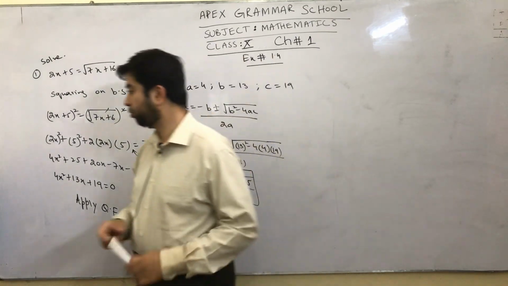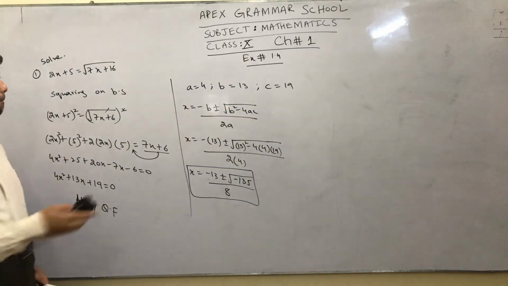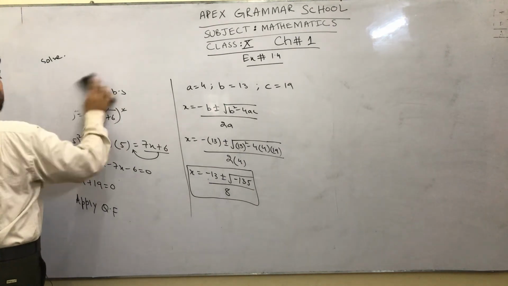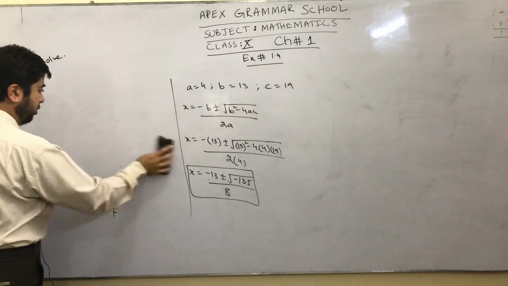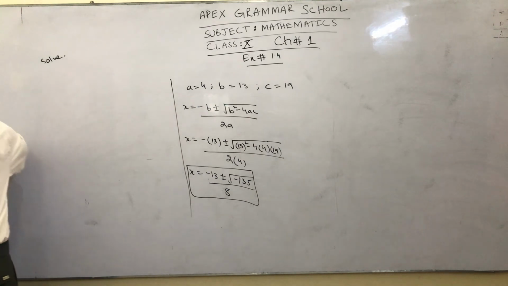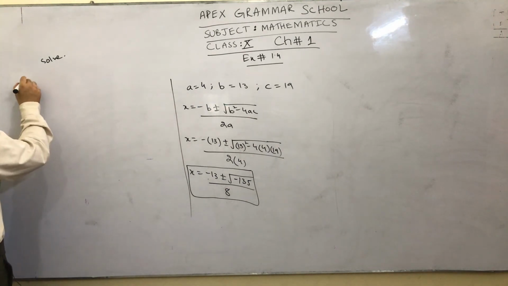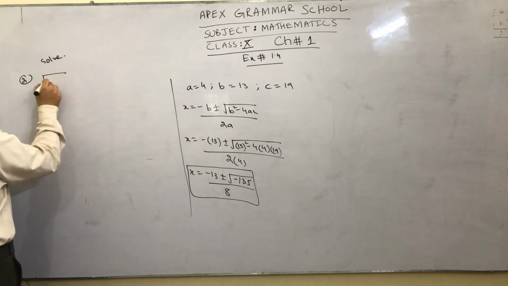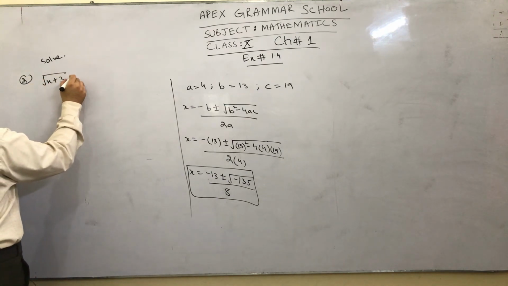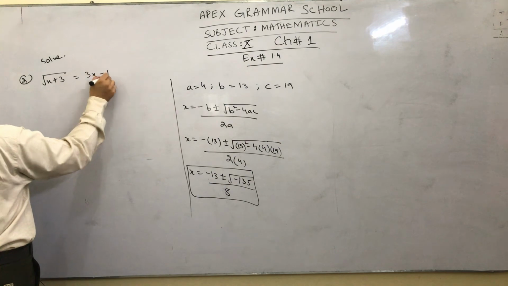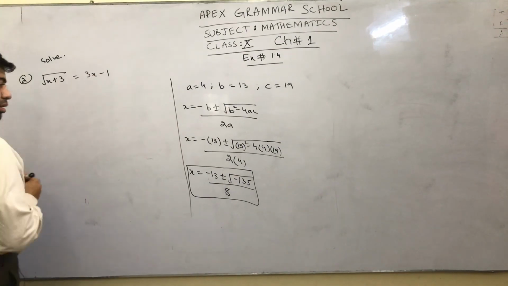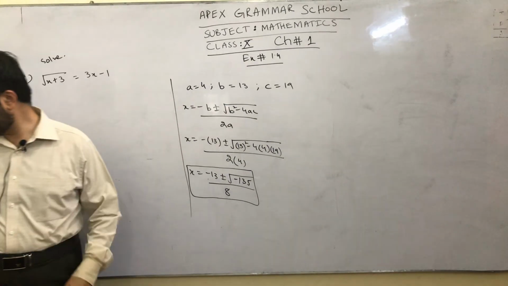After that, the next question: square root of x plus 3 is equal to 3x minus 1. This is again a radical equation.